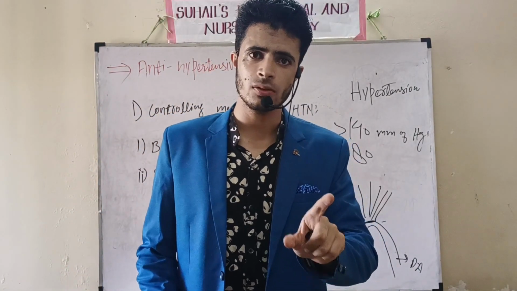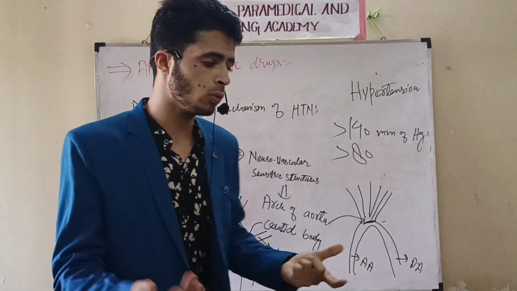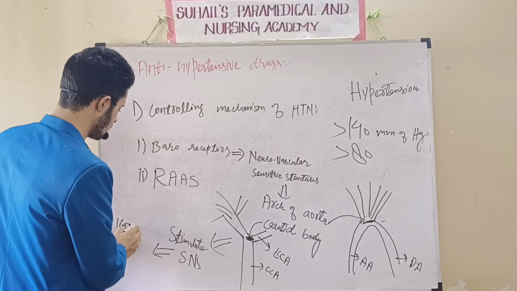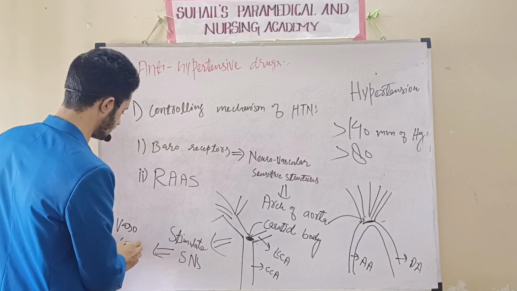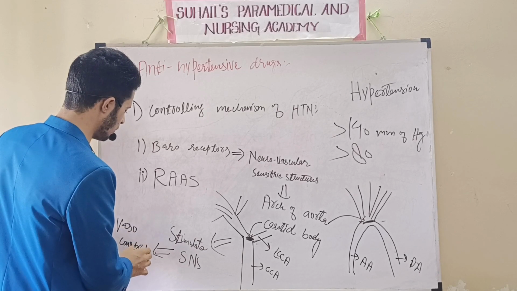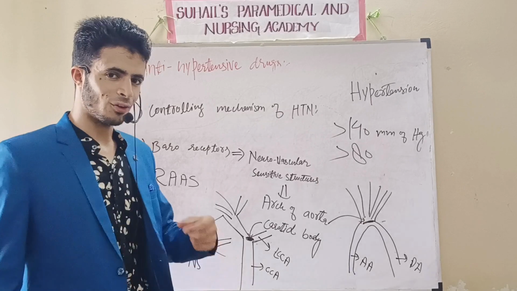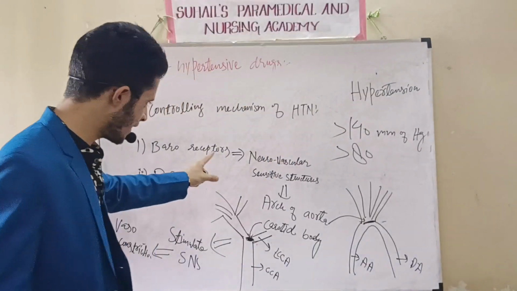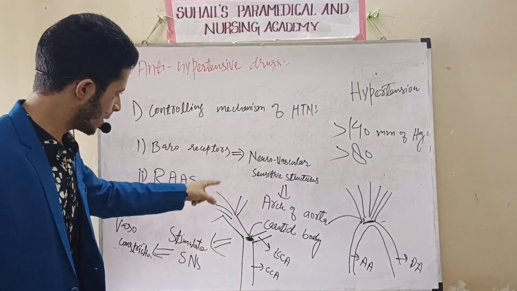What is the role of the sympathetic nervous system? What will the sympathetic nervous system do? It will do vasoconstriction. So now you understood, whenever there is decreased blood pressure in our body, this mechanism will take place.